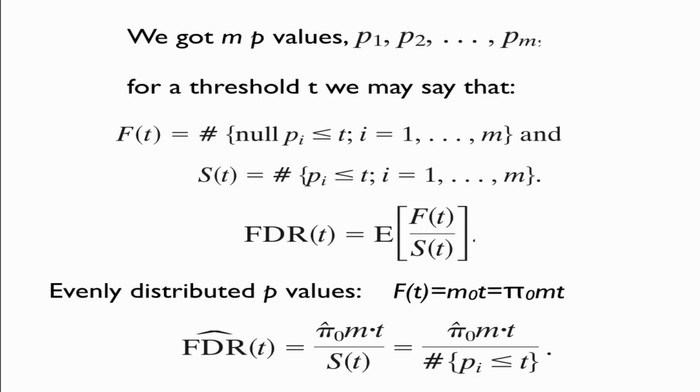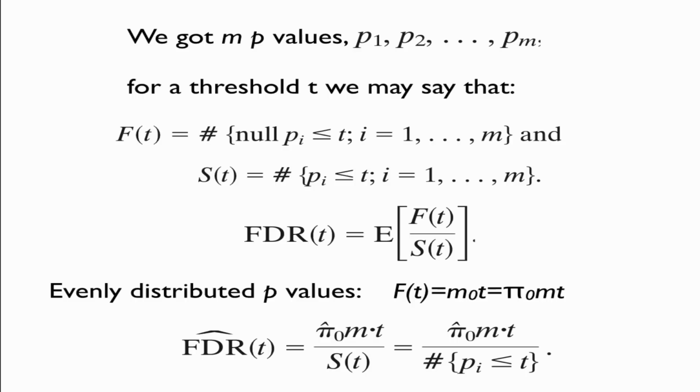For evenly distributed p-values under the null hypothesis, we can calculate F of t as the number of null p-values in total times the score threshold itself, just as we did when we calculated the number of expected p-values above a score threshold for the microarray experiment.